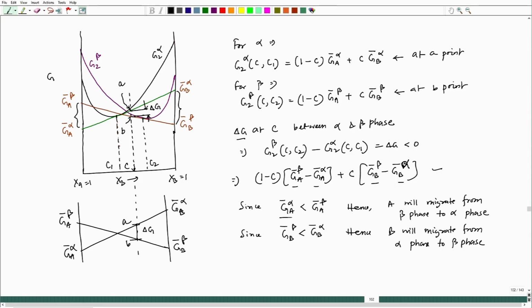So, if A moves from beta to alpha, that means the composition of alpha will switch to the side which is lesser in B. So, this will move this side, and on the other side, since B will move from alpha phase to beta phase, beta phase will be enriched with B. So, the composition will switch to this because of that migration of both the components from one phase to another.